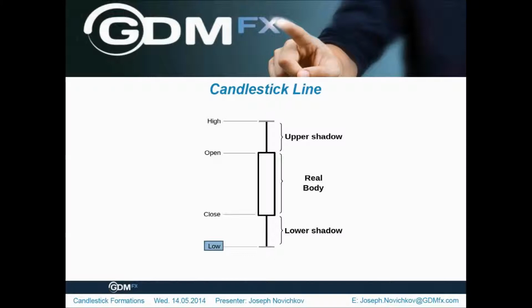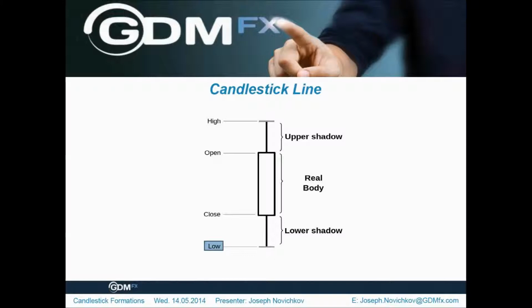Now, if the currency pair closed lower than it opened, the body should be a black real body, with the opening price at the top and the closing price at the bottom. Respectively, if a currency pair closes higher than the opening price, the real body of the candlestick line is white or unfilled.